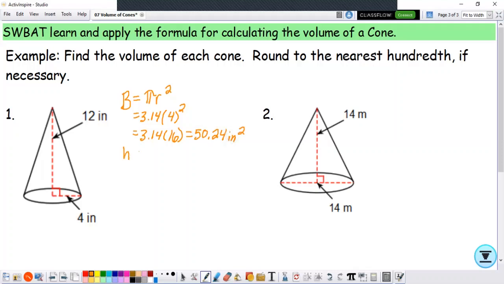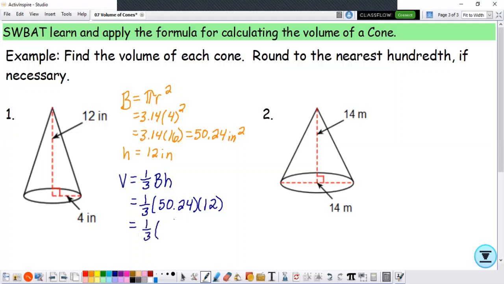The height or the altitude of this cone is 12 inches. So to find the volume of this cone, we use the formula 1/3 area of the base times the height. So that's 1/3 times 50.24 times 12. And again, I'm going to take the area of the base times that altitude or height.